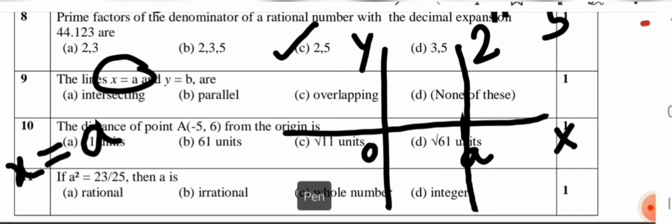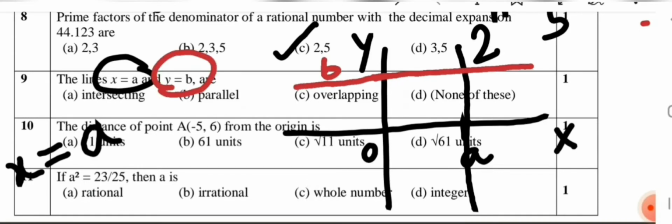Then y equals to b. Now suppose here is some b, then for y equals to b, we will be having a graph like this, straight line parallel to x-axis. Now these two lines, we can see that both the lines, this and this, they are intersecting each other at some point. So they will definitely meet at some point.